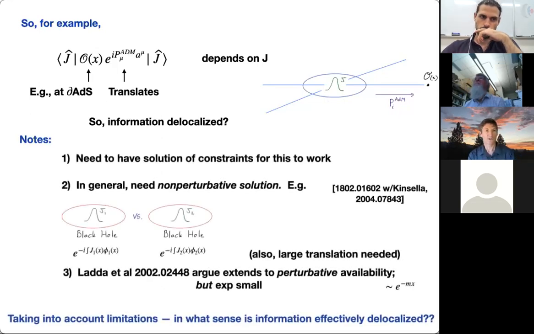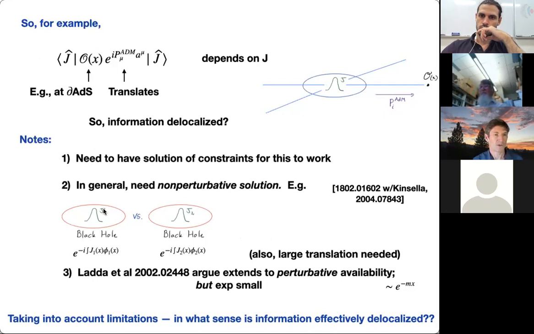Some notes, though. First, you have to solve the constraints for this to work. You have to have a solution to begin with. Secondly, in general, we need a non-perturbative solution, and there are a couple of ways of illustrating that. For example, if you think about, say, two different states inside a black hole, say corresponding to exciting two different scalar fields with the same source, if you want to tell the difference between those, then clearly you need this construction to work at the full non-perturbative level to be able to pull the excitations out and measure them at infinity.